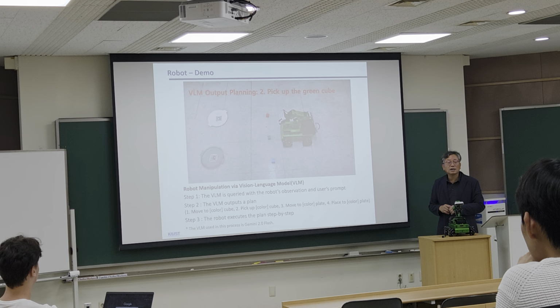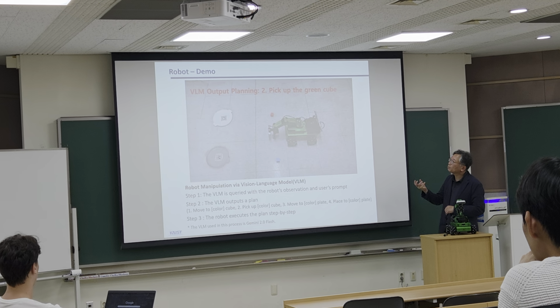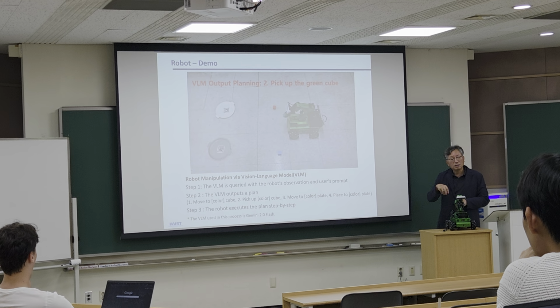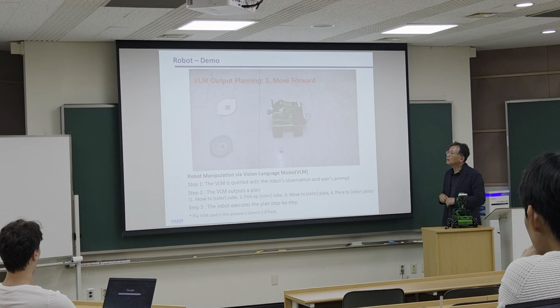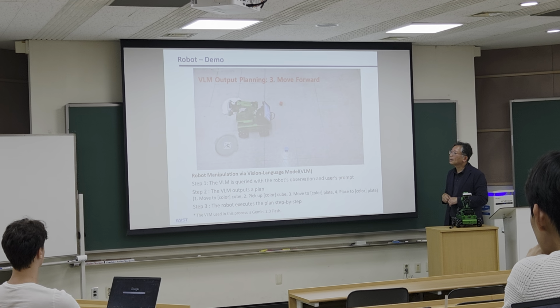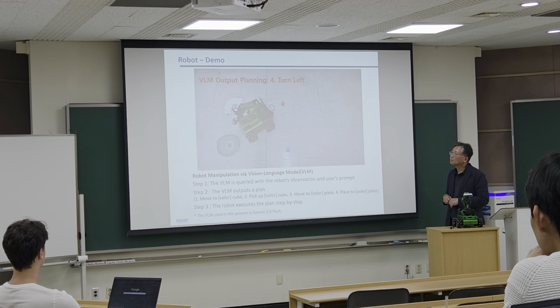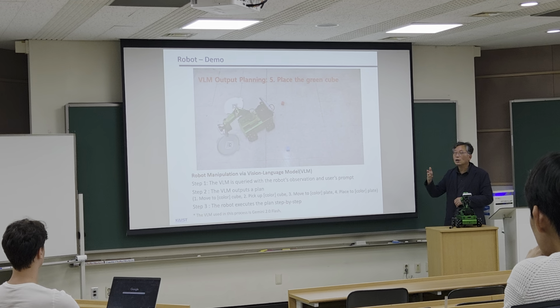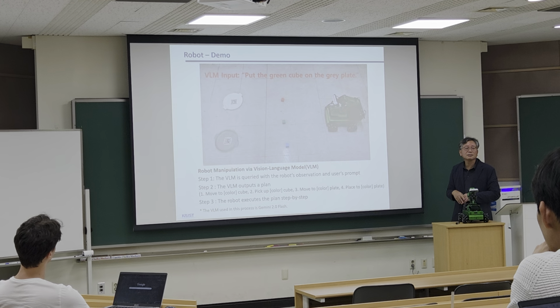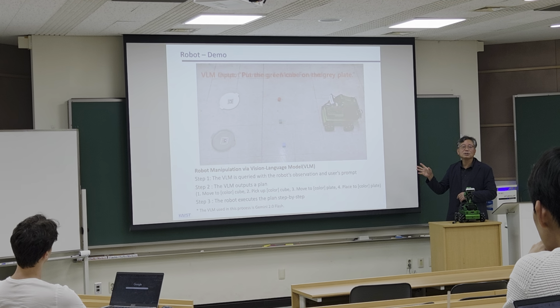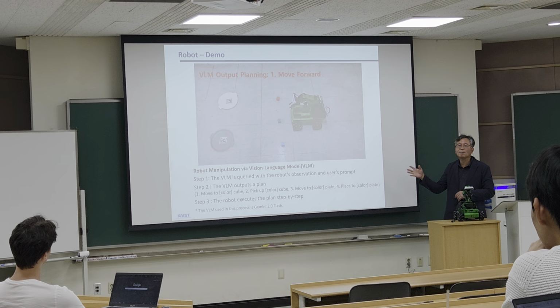So it recognizes where the green block is, it knows how to pick it up, and it recognizes white from gray. This is simple. You're going to be doing something a little bit more complicated with this.